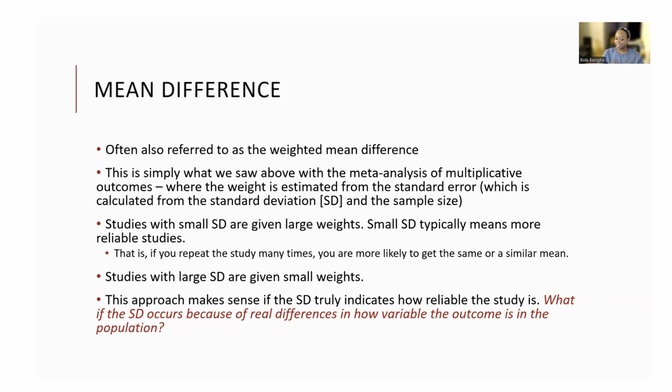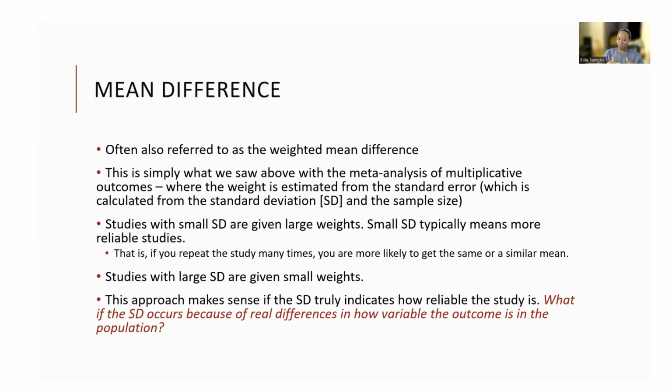Now, like I said, the standard deviation, which is a measure of variation around the mean, is what we use to assign the weight. So what happens when your standard deviation is actually high because the outcome is variable in real life?